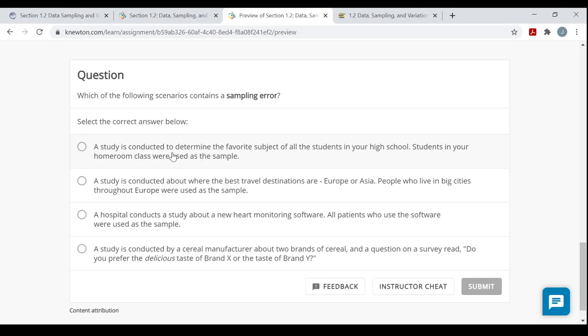So I'll save that. I'll say it's that for now. Let's see what the other ones look like. A study is conducted about where the best travel destinations are, Europe or Asia. People who live in big cities throughout Europe were used as the sample. Again, that would kind of be more toward a sampling bias, right?